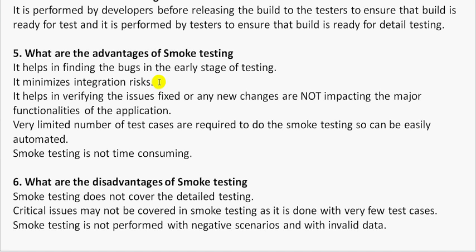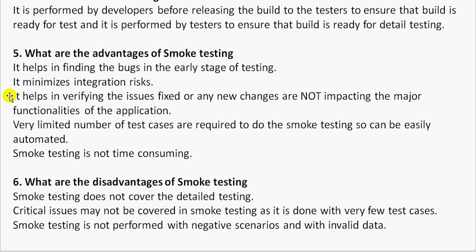So there may be a risk when the components are integrated. When smoke testing is done after the integration or after any build, it minimizes the risk of integration errors or any major bugs, because you can catch them at an early stage.